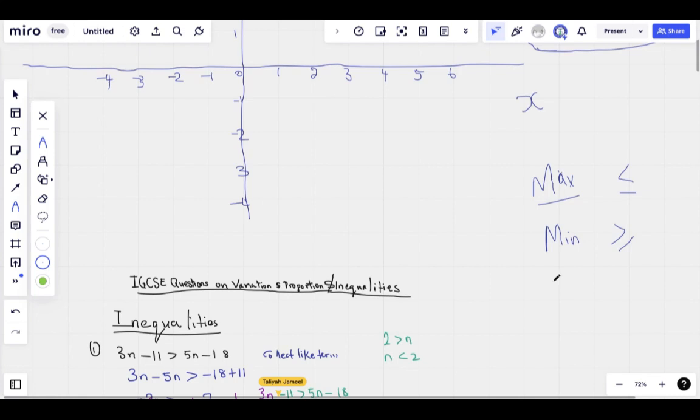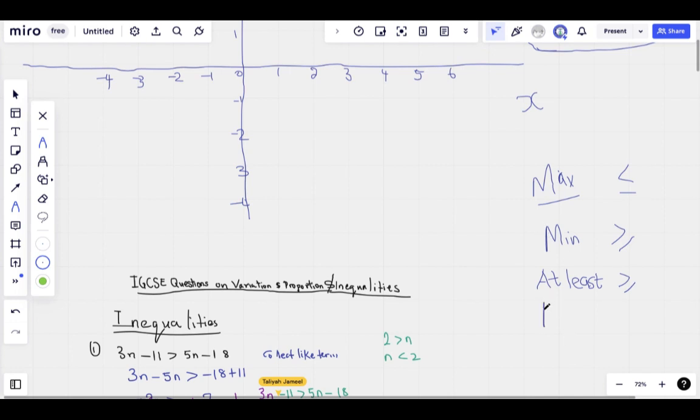The word at least in linear programming represents greater than or equal to. So minimum, maximum, at least, at most.